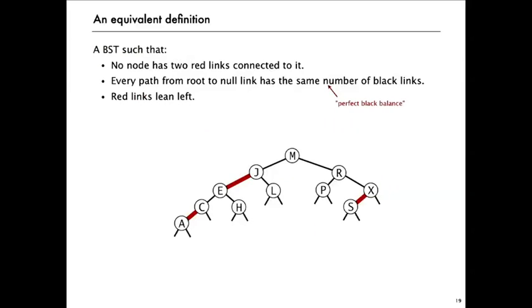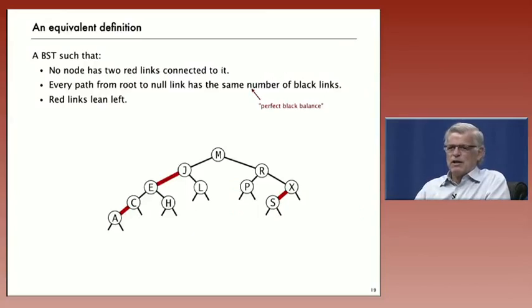Now look at the properties of a left-leaning red-black BST, with reference to what we know about 2-3 trees. First of all, no node has 2 red links connected to it, because the only red links are internal to 3 nodes, and those have to have external links or tree links connecting them to some other node. Every path from the root down to a null link has the same number of black links.